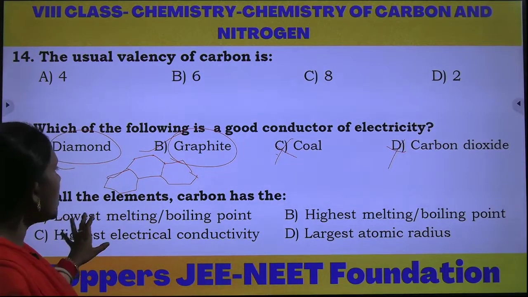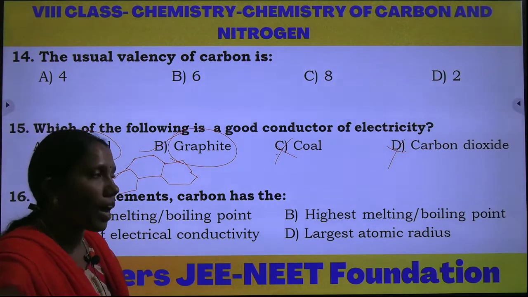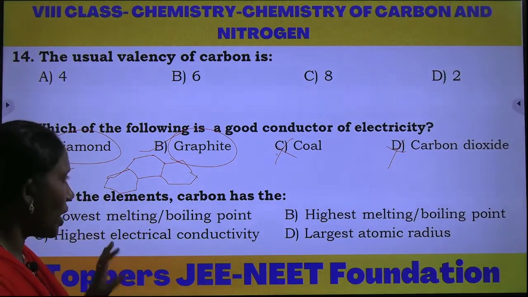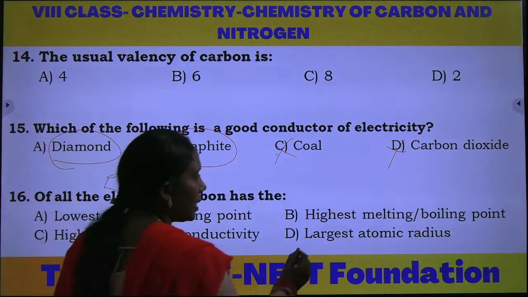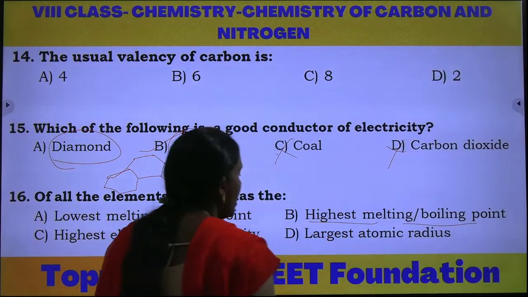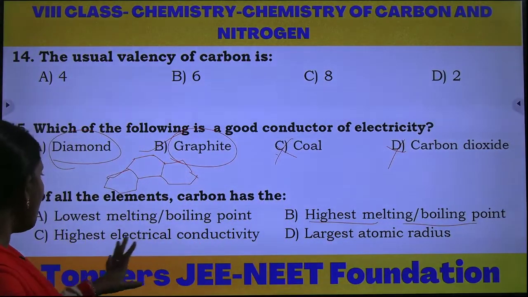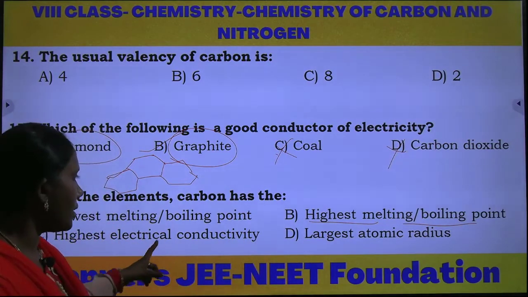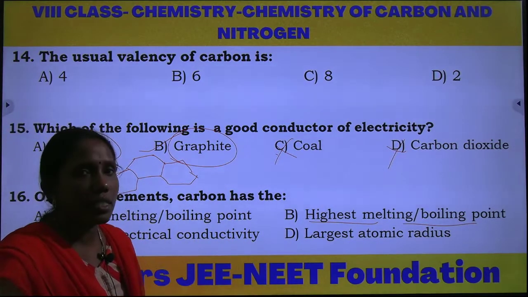Of all the elements, when compared with all the elements, carbon has the lowest melting and boiling points, highest melting and boiling points, highest electrical conductivity, largest atomic radius.